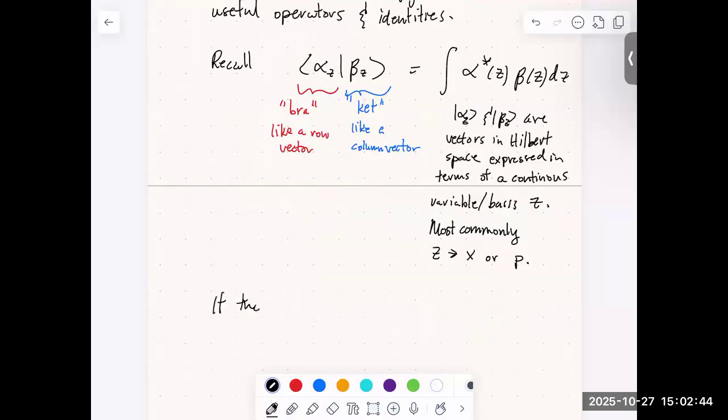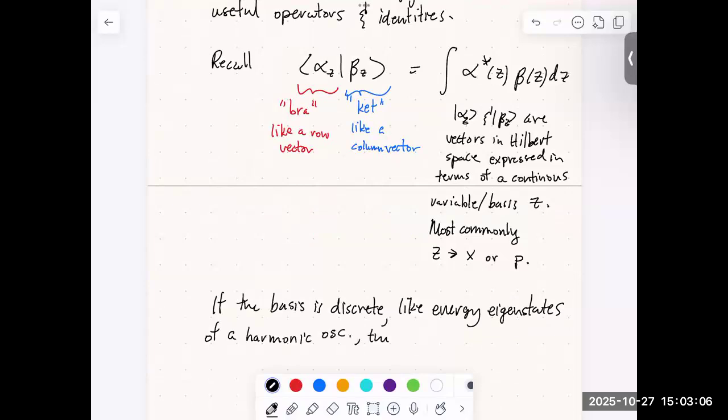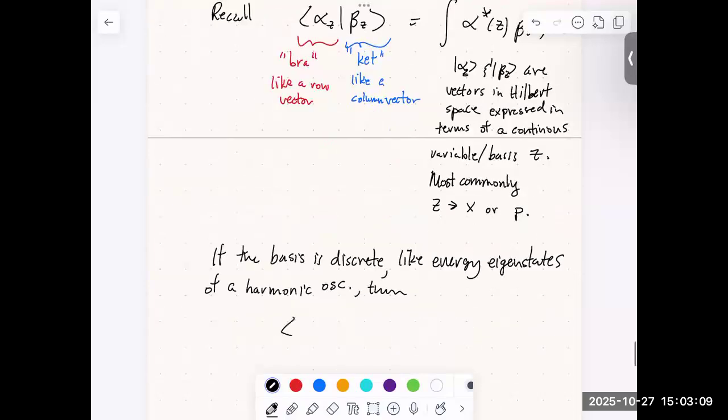If the basis is discrete, like the energy eigenstates of a harmonic oscillator, then we would have some alpha n and beta n, and the inner product would be the sum over n of alpha n star beta n.